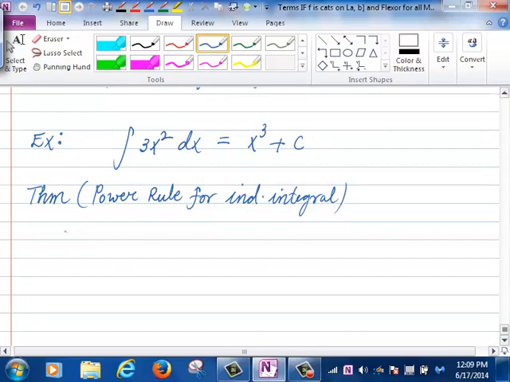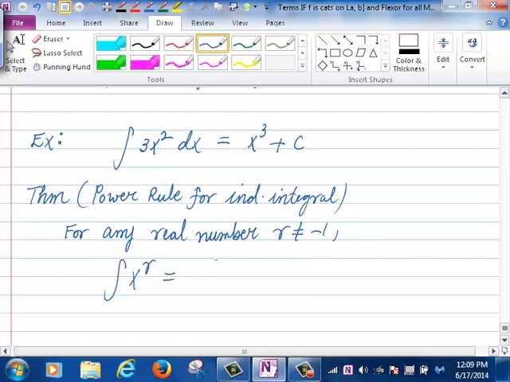It is the following: for any real number r not equal to -1, the indefinite integral of x to the r is equal to 1 over r plus 1 times x to the r plus 1, plus C. I forgot to write dx here.